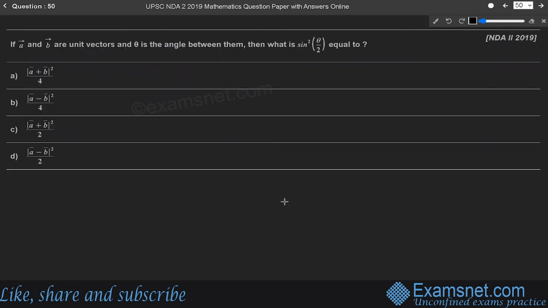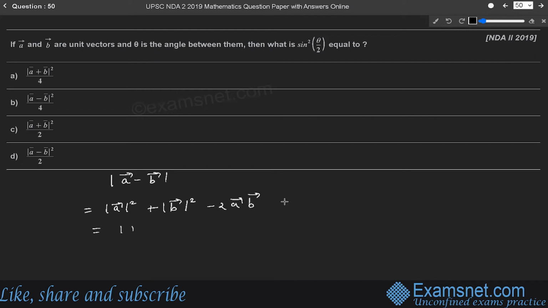Next question is, if A vector and B vector are unit vectors and theta is the angle between them, then what is sine square theta by 2 equal to? So it is given that A vector and B vector are unit vector. So modulus of A vector minus B vector will be equals to modulus of A vector whole square plus modulus of B vector whole square minus 2 into A vector dot B vector.